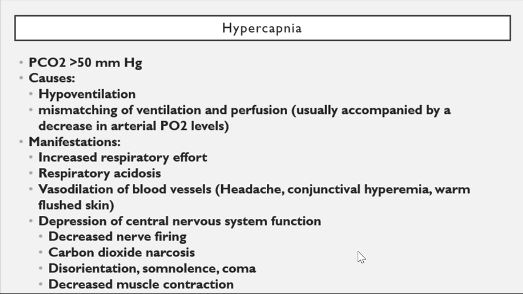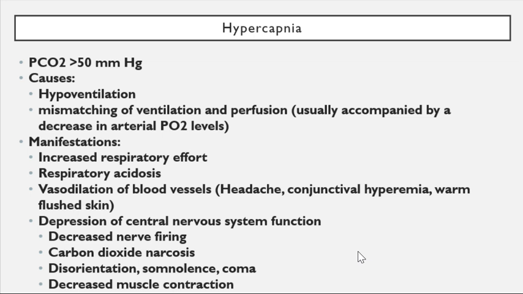This contrasts to hypercapnia, where you have around a 50 millimeters of mercury partial pressure of carbon dioxide. So you have hypoventilation and a mismatch of ventilation and perfusion, usually accompanied by decreases in arterial partial pressure of oxygen.